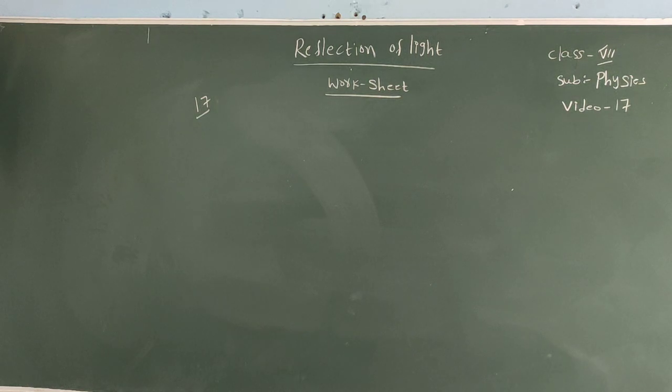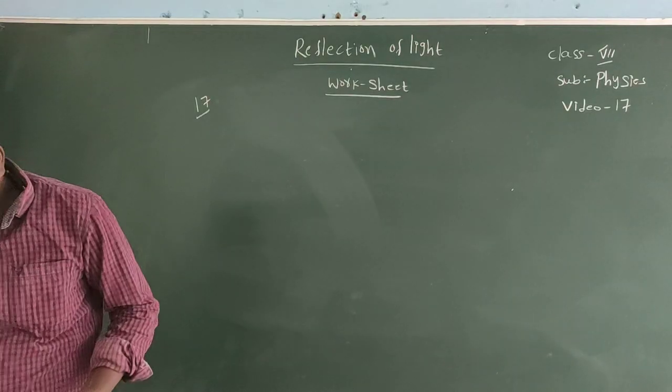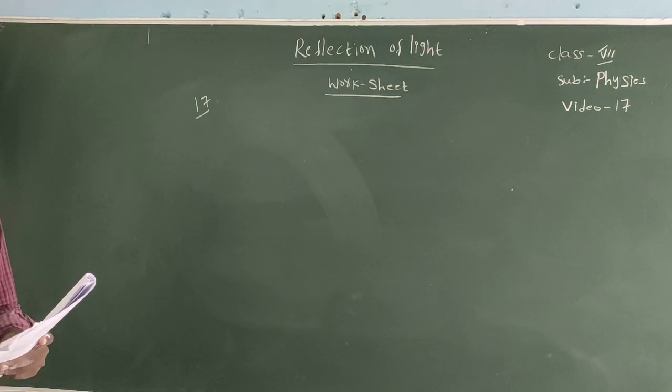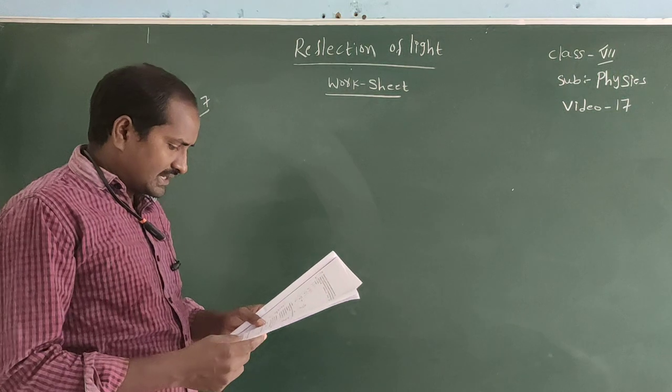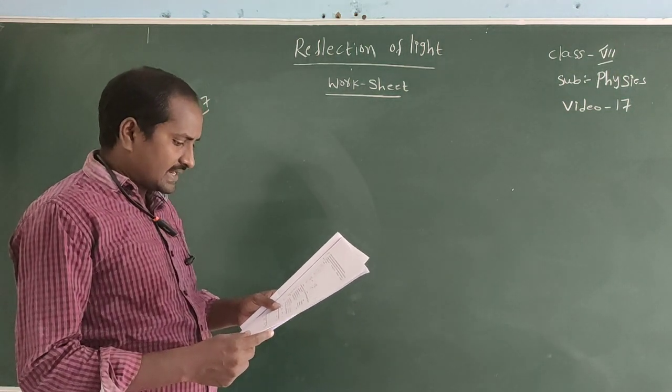Yesterday I explained up to the 16th problem. Today I will explain the 17th one. Okay, 17th one. A man of height 6 meters observes his image to be 2 meters high and erect.